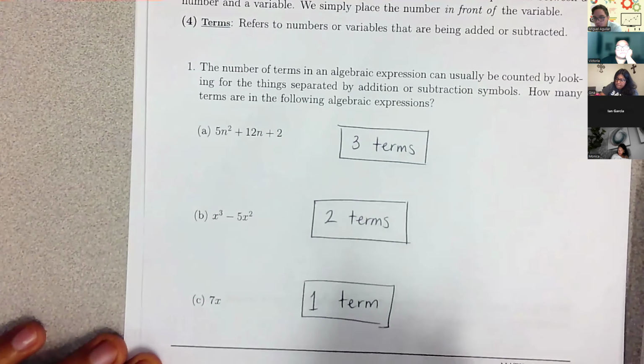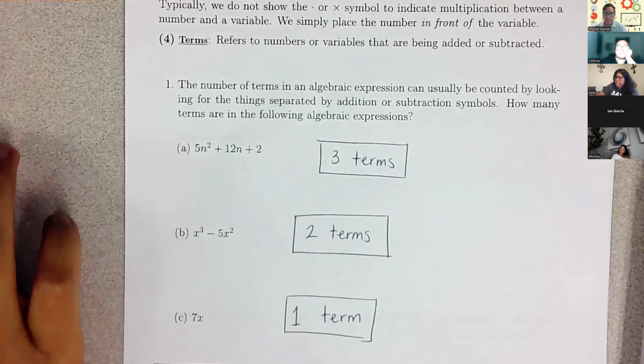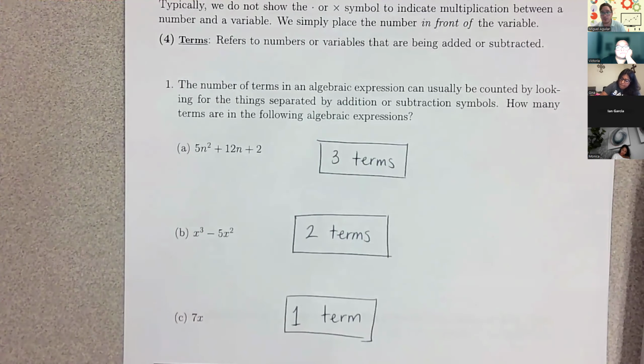I think it's a really useful skill to be able to identify the number of terms, because when we start getting into module 2, there's a process called factoring, and you're going to learn different techniques for factoring. But one of the factoring techniques can only be used on a 3-term polynomial.